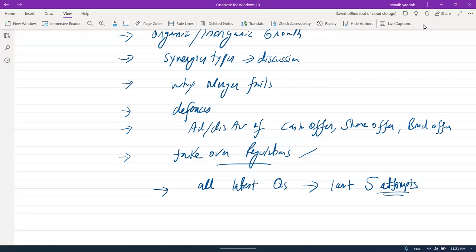So only solve the last 5 attempts. Out of those, we have solved all of them. And out of those last 5 attempts, we will solve 2 questions in this revision session, one today and one tomorrow. So you will have enough practice of merger and acquisition.